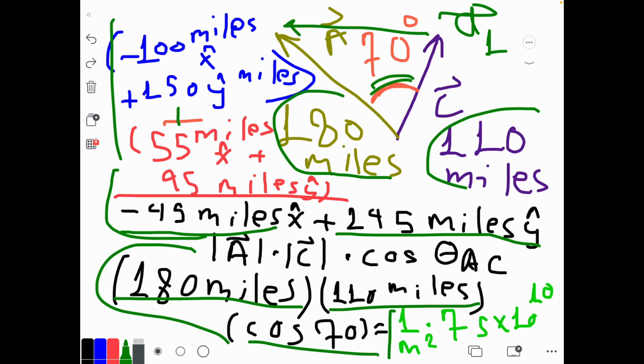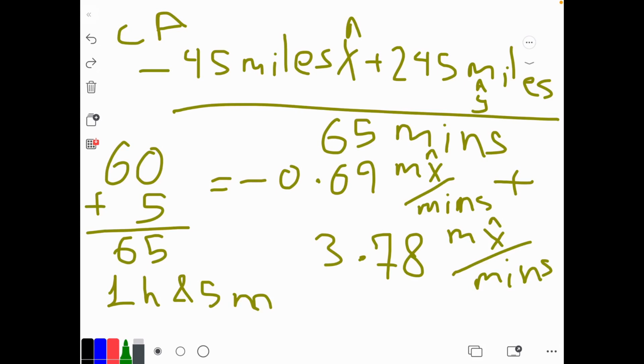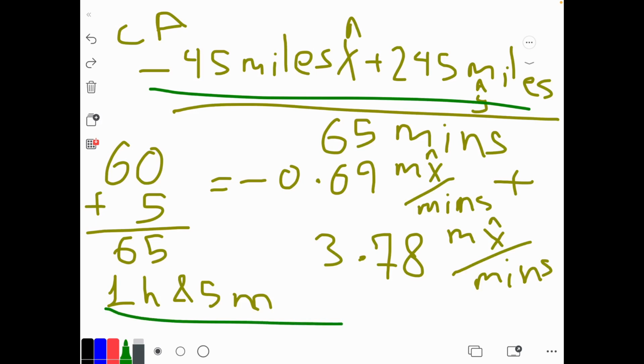Now, in addition to that, I'm also adding the two vectors with the components, x hat and y hat, and I'm going to get negative 45 miles x hat plus 245 miles y hat. Now, for the velocity for Charleston and Atlanta, I'm going to get the position vector divided by 1 hour and 5 minutes, because that is the flight time between these two. So we convert: 1 hour is 60 minutes, so 60 plus 5 is 65 minutes. I forgot to put my units.